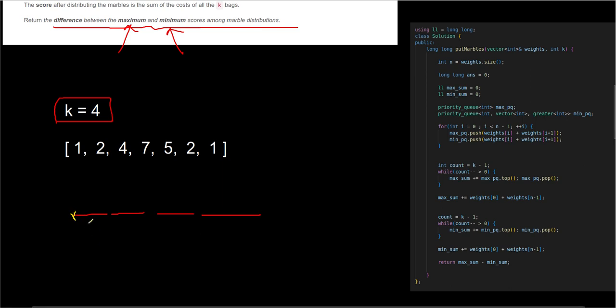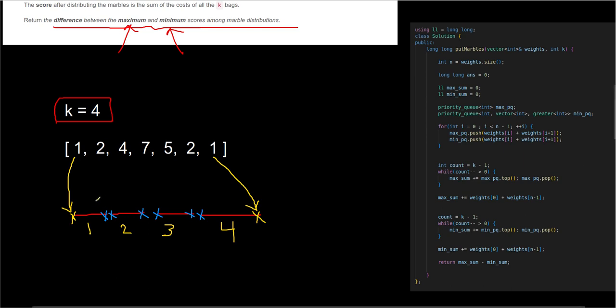For segment 1, the start is always the start of the array, and for the last segment 4, the end will be the end of the array. So what remains is this element and this element, and these are missing.